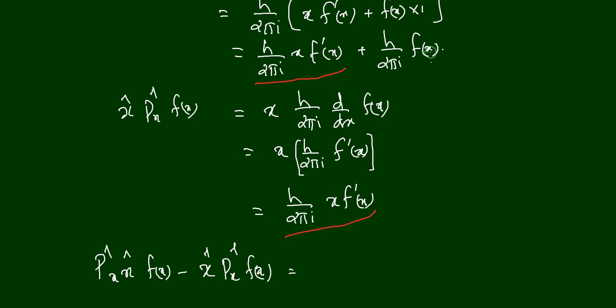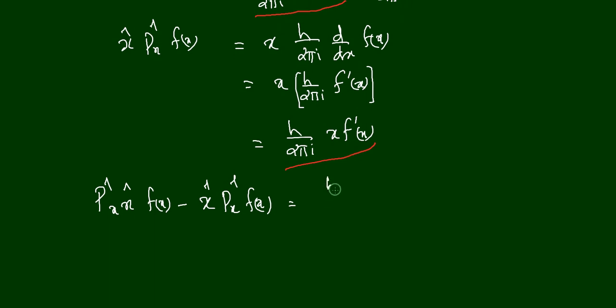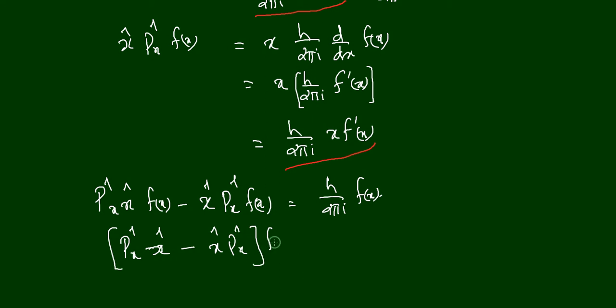This is the difference, right? So h divided by 2 pi i f(x). That is the difference. Or you can write it like (p x cap x cap minus x cap p x cap) f(x) is equal to h by 2 pi i f(x).